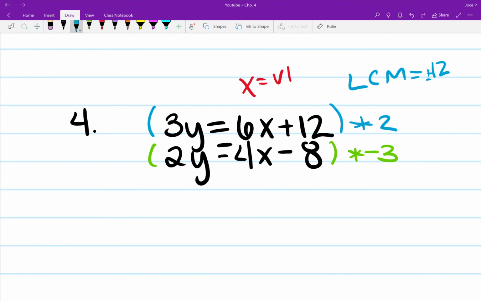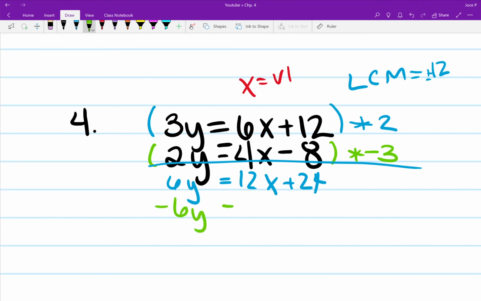So now we're going to have the new equations of 6y equals 12x plus 24. Then we're going to have negative 6y equals negative 12x plus 24. Here we go.